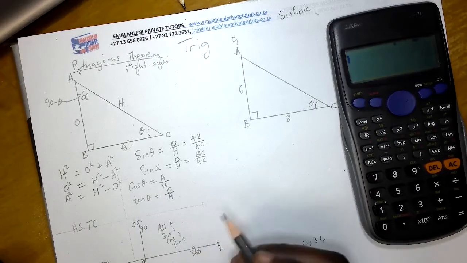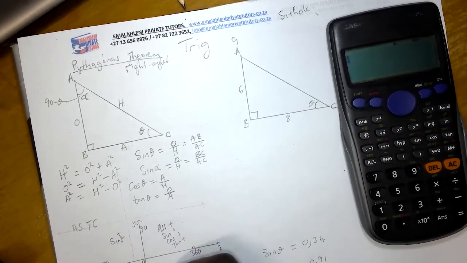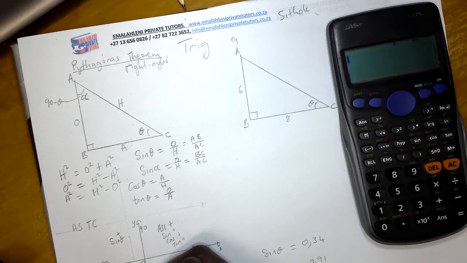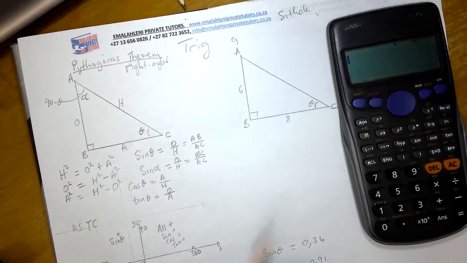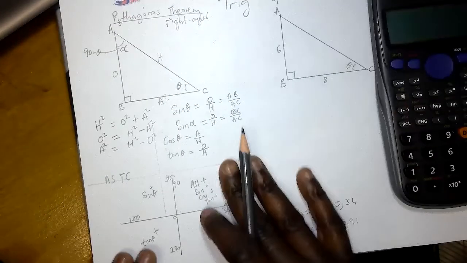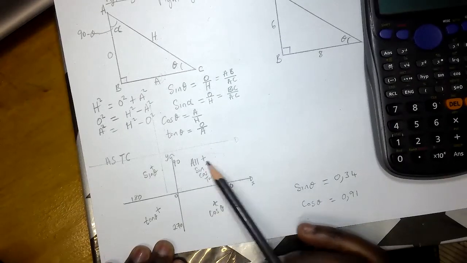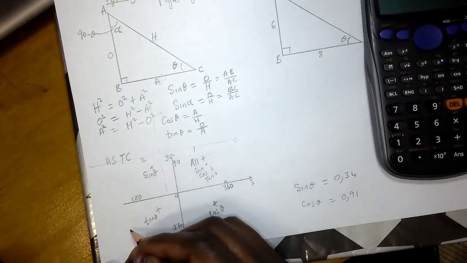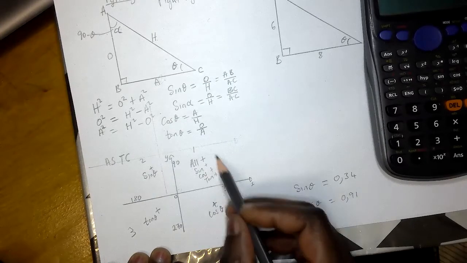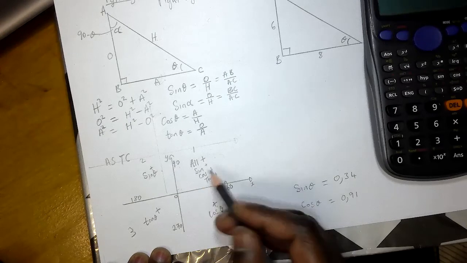What do we mean by this? On the Cartesian plane we have the first, second, third and fourth quadrants. In the first quadrant, angles between 0 and 90, all are positive.